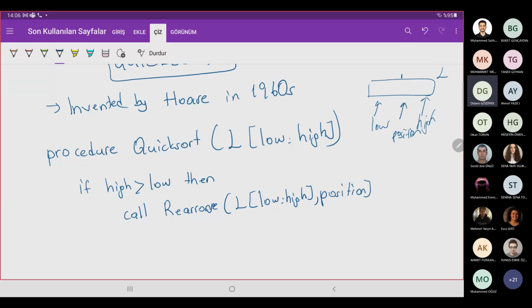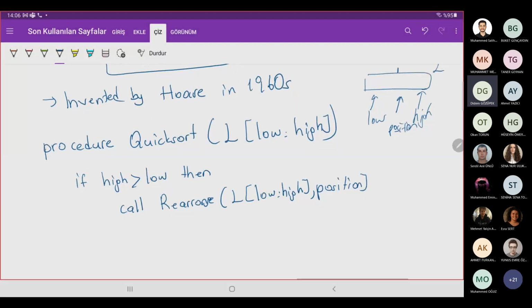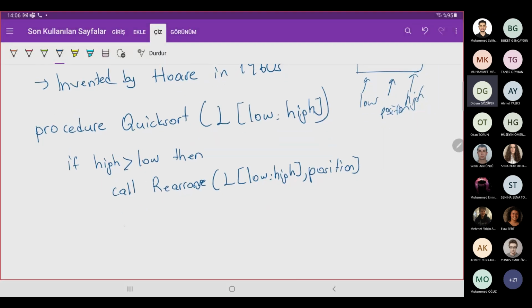So we divide it basically into two at this position, and then we call quicksort. This position is the pivot, okay? The pivot element, we say its position here. So this rearrange basically groups them into two, categorizes them into two, in such a way that all the elements that are at most the value of the element pointed to by the position pointer, the pivot, are in the first half, and the ones that are greater than that are in the second half.